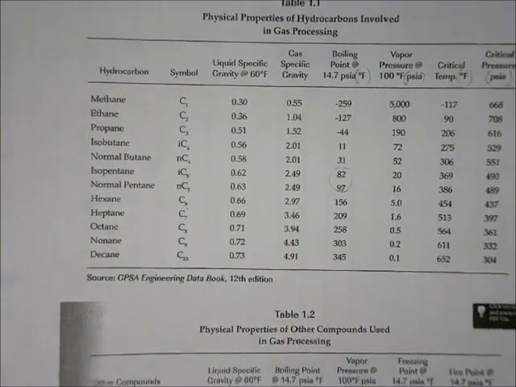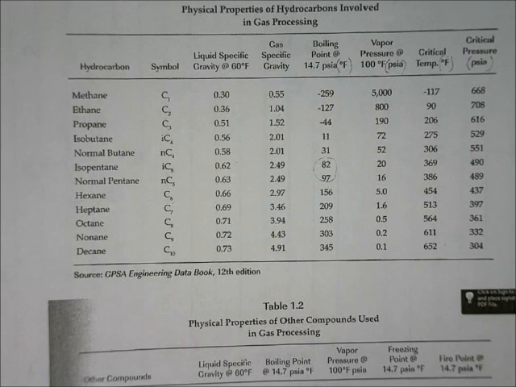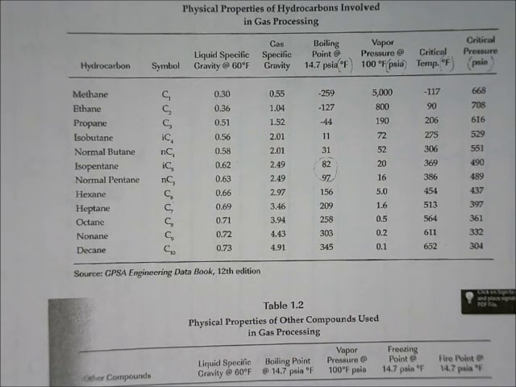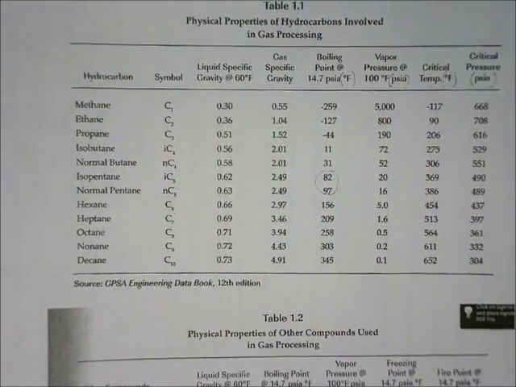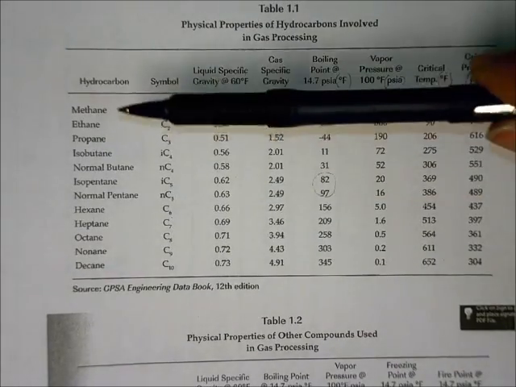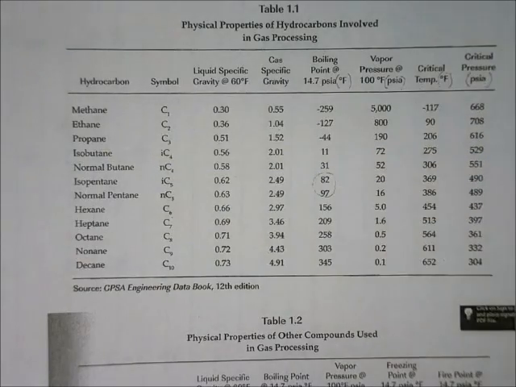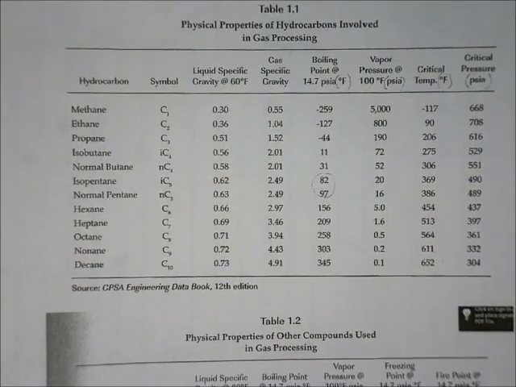Now the other things we want to point out here, we're not going to look at all these numbers in detail right now, but we want to point out some of the characteristics that are important in allowing us to separate these things out. Remember, when the natural gas comes out of the ground, it's a mixture of these different chemicals. Depending on which well it's coming out of, you may have different amounts of these chemicals, but you almost always have all of them in there.